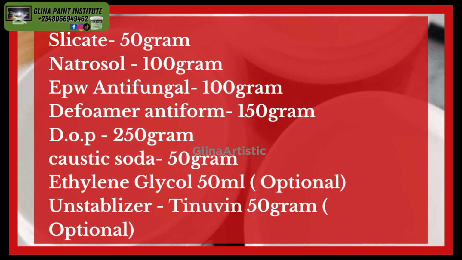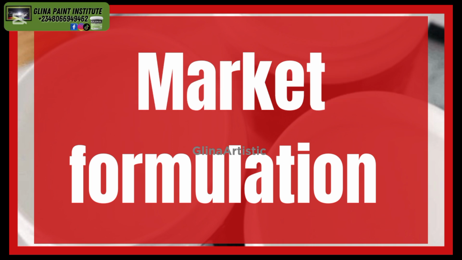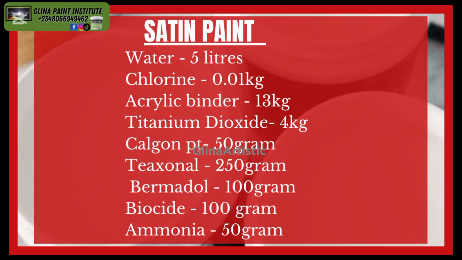This chemical list is for the premium formula because it's through the premium formula we have to get the market formula. We cannot start with the market formula, you won't get it. So now we already know the measurement which is close to each chemical, you understand?